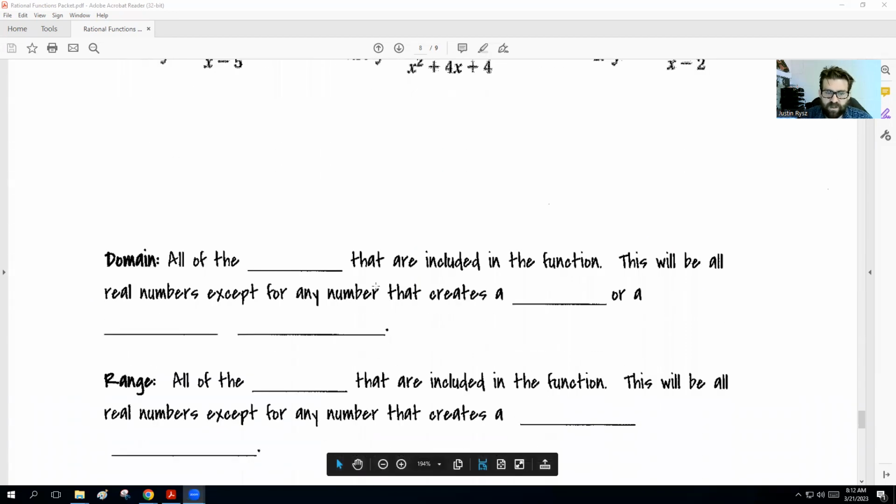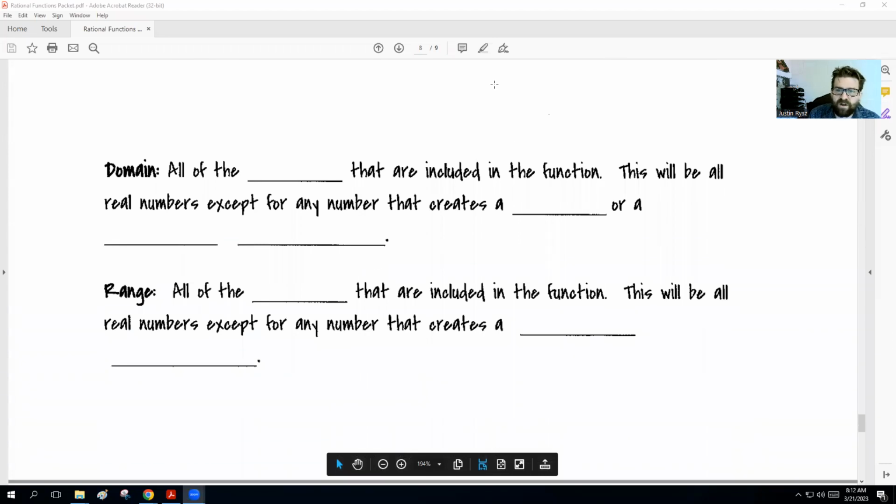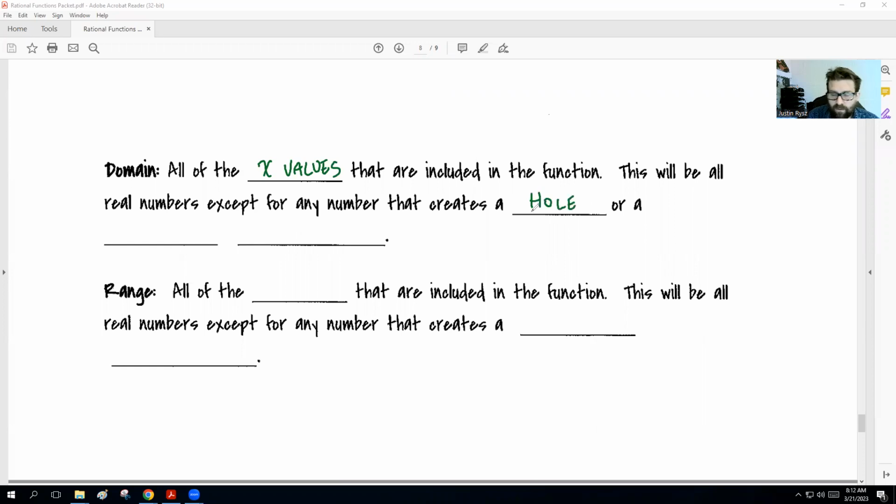Okay. So the domain is all the possible x values that are included in a function. So this would be the real numbers except for any number that creates a hole or a vertical asymptote. Remember that's where the denominator equals 0.